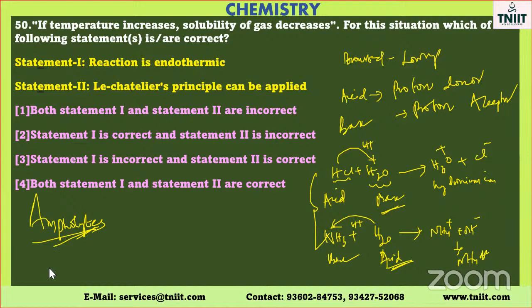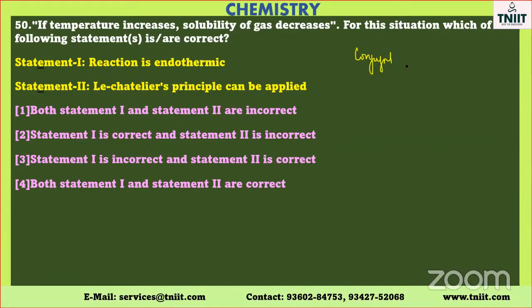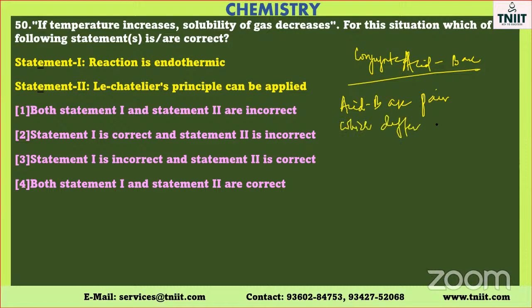Now, the next one is conjugate acid-base pair. What is a conjugate acid-base pair? An acid-base pair which differs by one proton is called a conjugate pair.